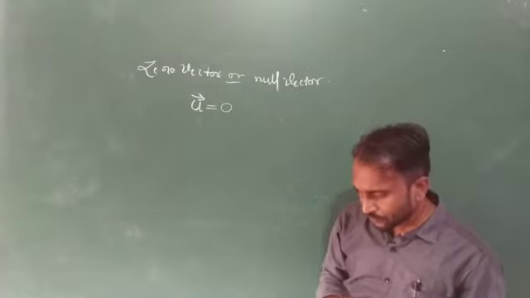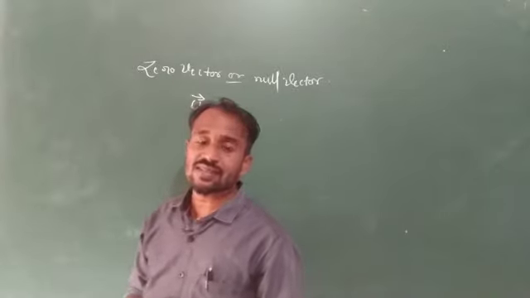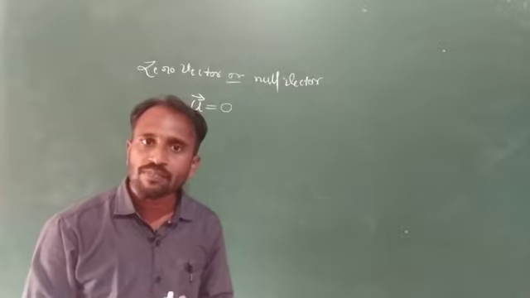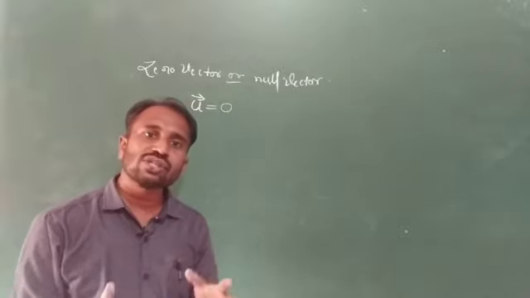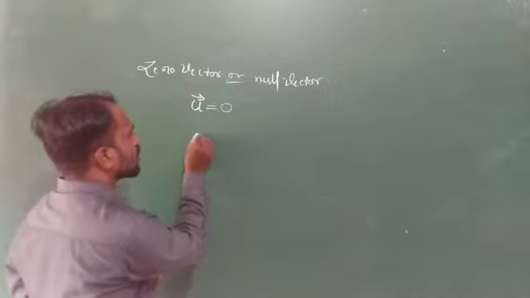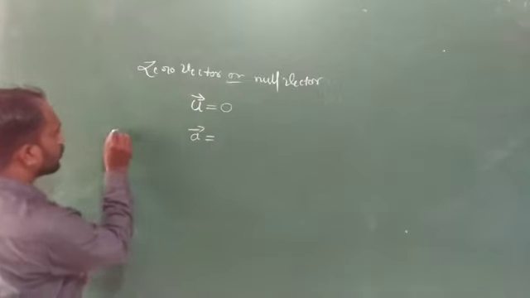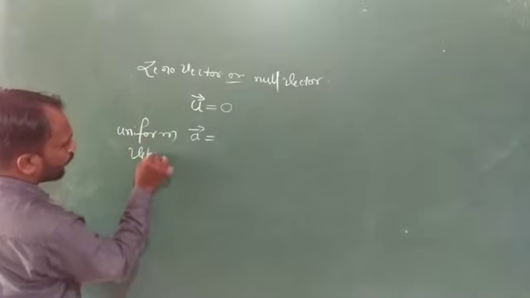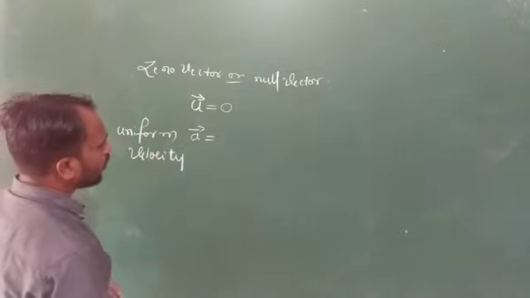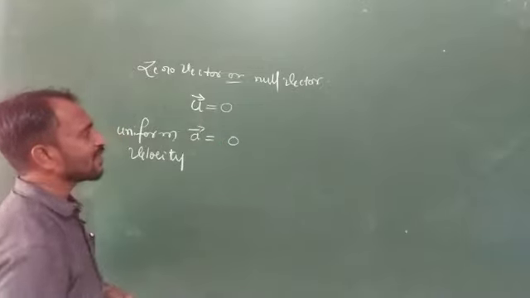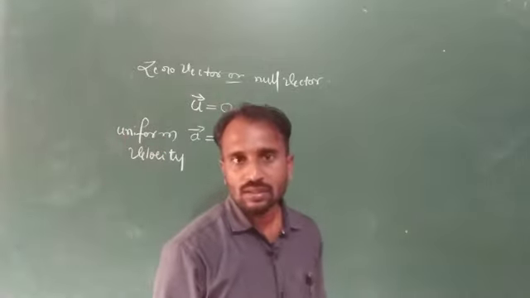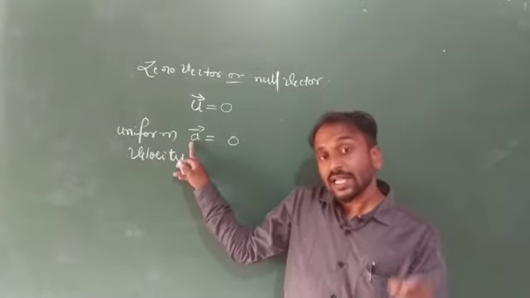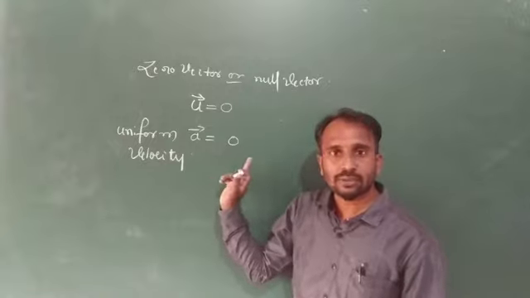Another one is uniform velocity. Uniform velocity means the acceleration value is 0. In uniform velocity, acceleration is 0. Acceleration represents both magnitude and direction, but its value we consider as 0.